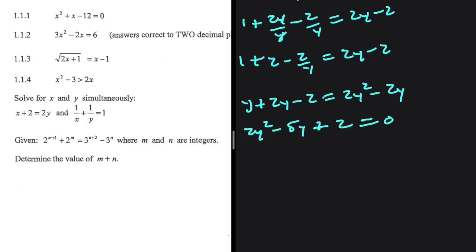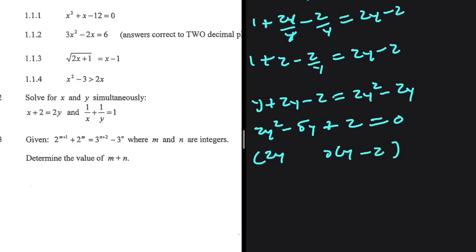If we factorize this, we can do that without using the quadratic formula. We're going to have minus 2 and minus 1. If we multiply out, we shall get 2y squared minus 5y plus 2. This is all equal to 0. So y can be equal to 1 divided by 2, or y can be equal to 2.